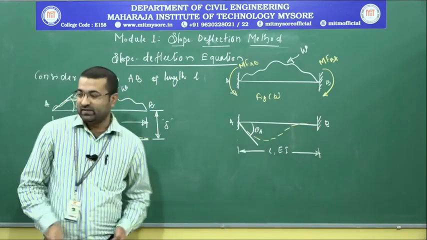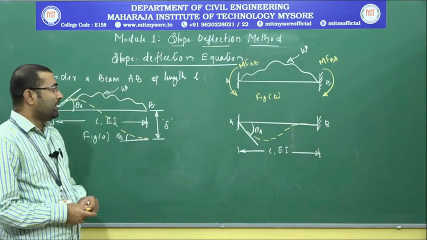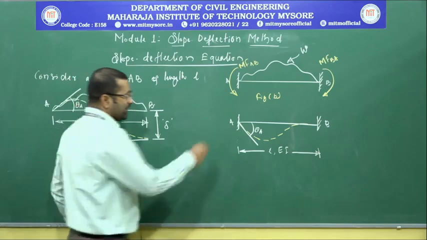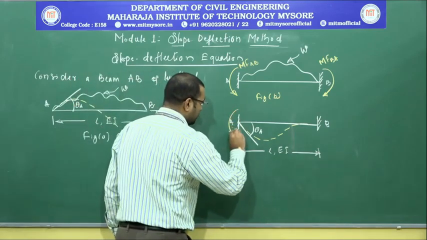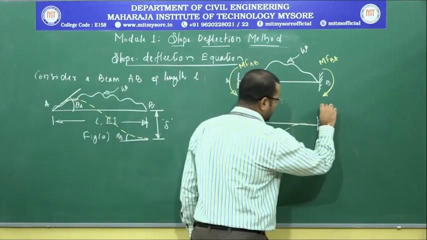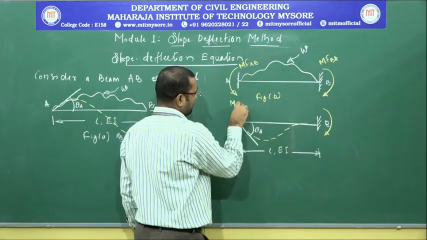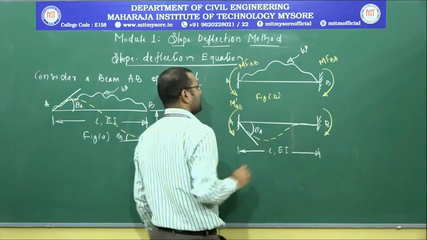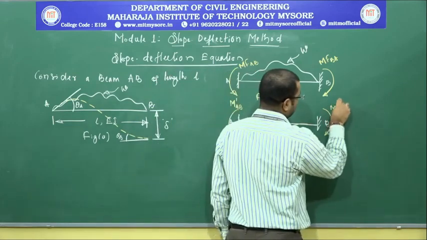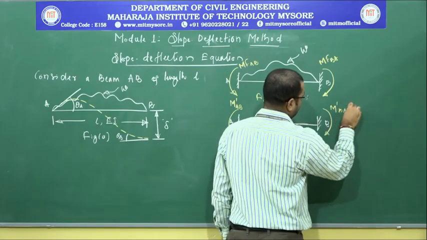Because of this rotation at end A, there will be development of moment at A and at B. Let me call these M dash AB and M dash BA.